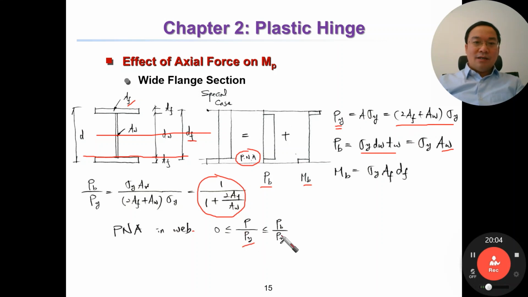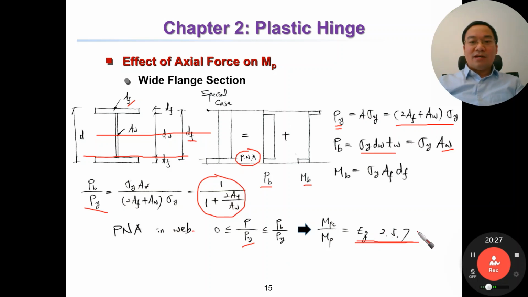PY is here. If P over PY is greater than 0 and smaller than this ratio, PB over PY, then MPC over MP is equal to this equation in the textbook. So please check in the textbook, okay?